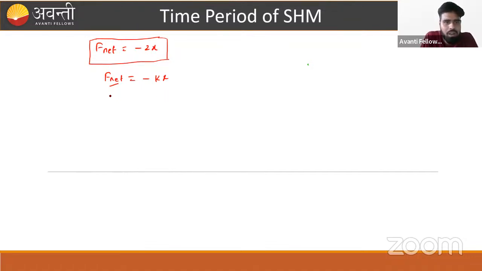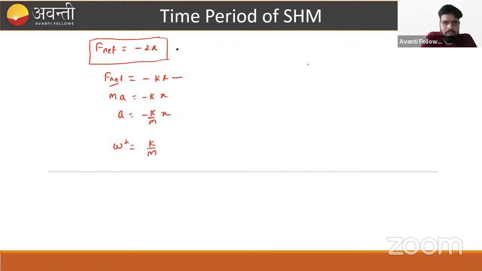Sir, how can we write down the net force? Mass into acceleration, no problem. What is the acceleration? Minus k by m. So in this manner we can write it here, beta. What is the value of k here? The value of k is given as 2. And omega square is k upon m.